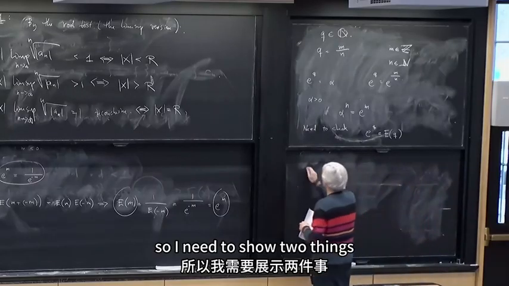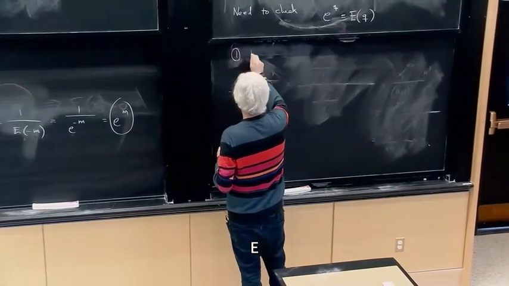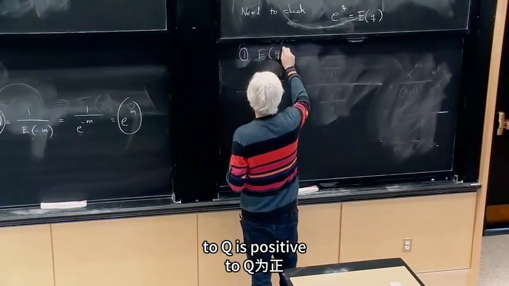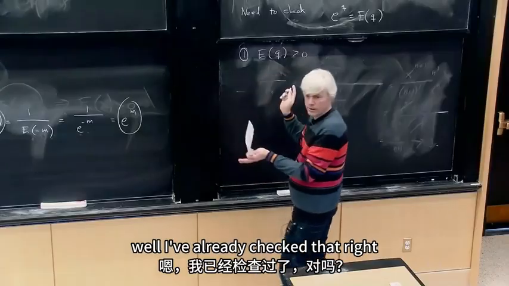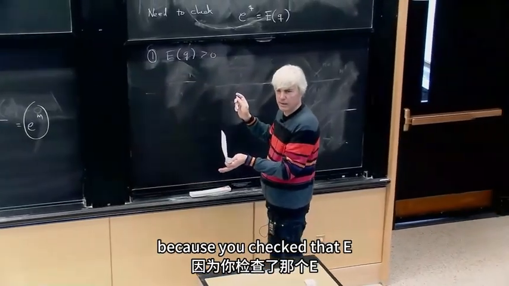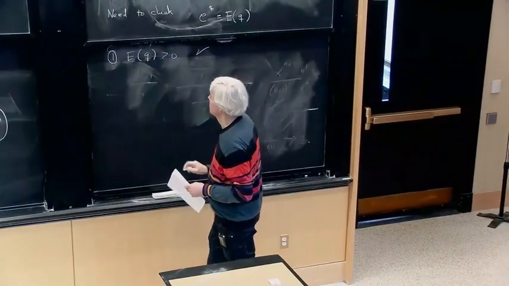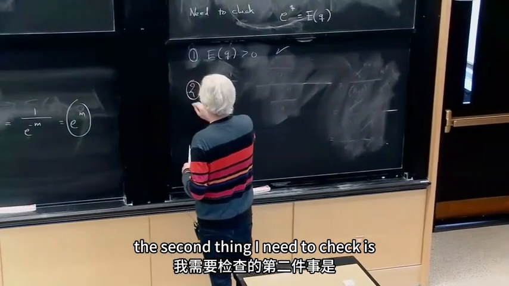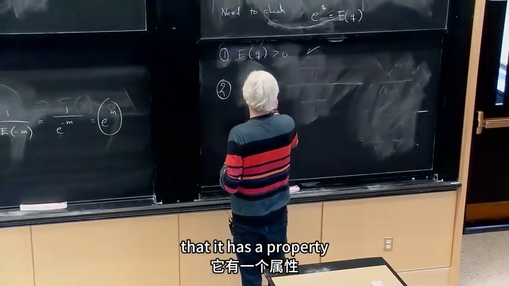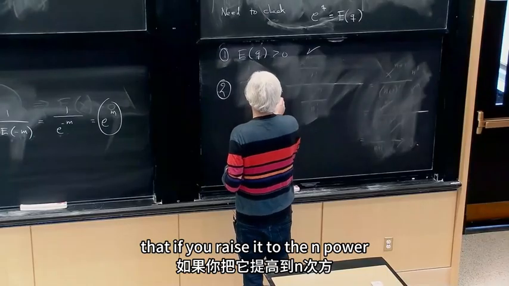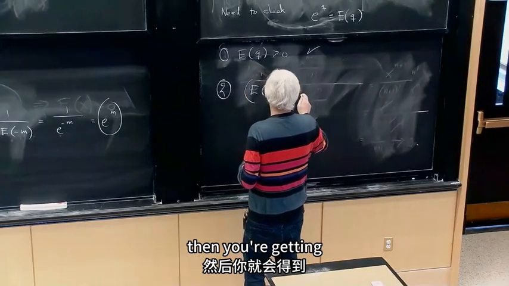So I need to show two things. First, E to Q is positive. Well, I've already checked that, because we checked that capital E at anything is positive. So this is okay. The second thing I need to check is that if you raise it to the n power, then you get E to the m.